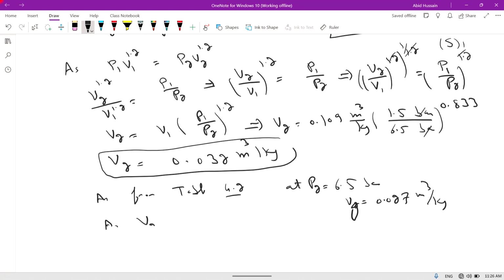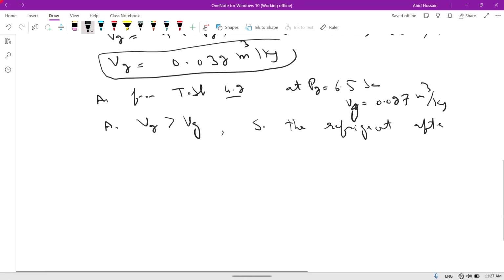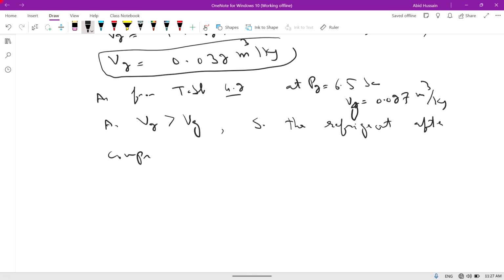As V2 is greater than Vg, the refrigerant after compression is in the superheated region.